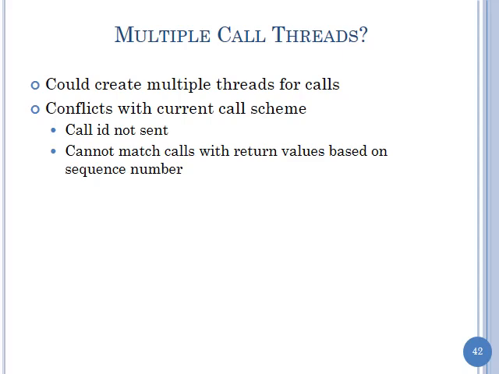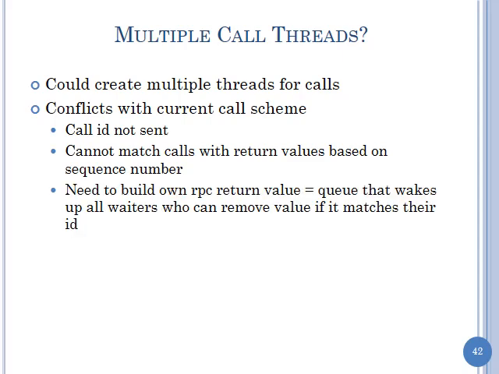Okay, so the solution I was trying to give here is isomorphic to the solution that you would use to receive. So you could have a queue, and whenever a message comes in, it could just wake everybody else that's waiting. They could check if the ID that came matches the ID they were expecting, and if so, they would take it out, else they would let it remain there.